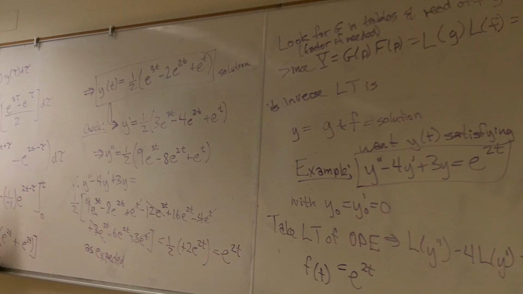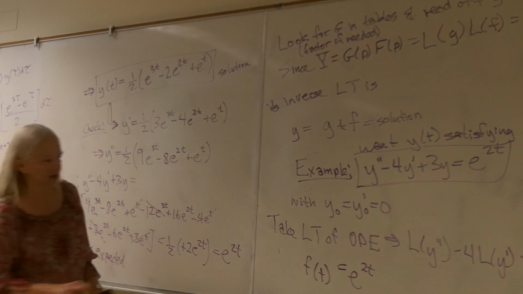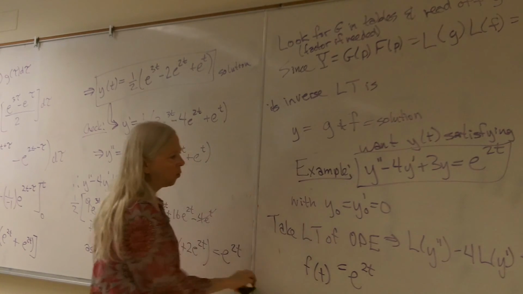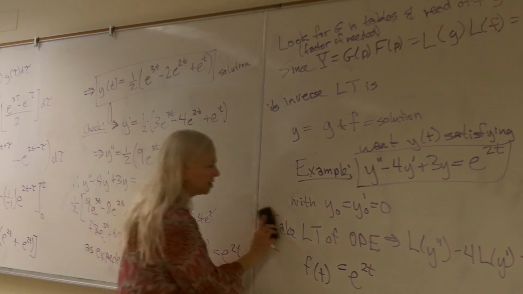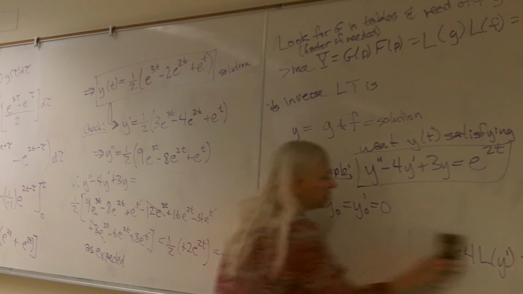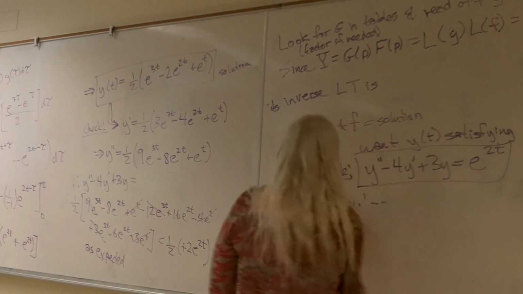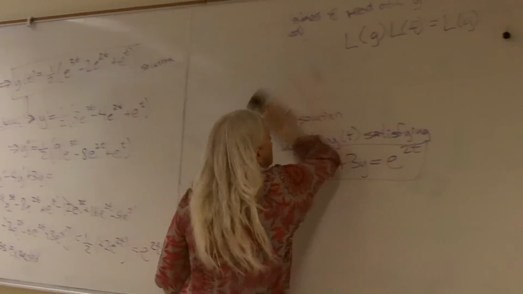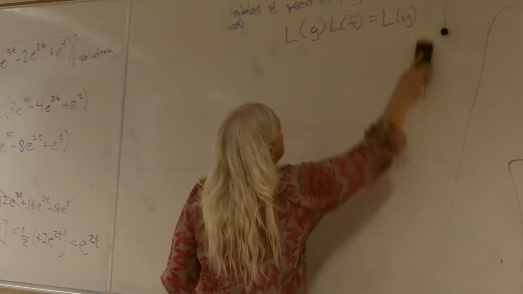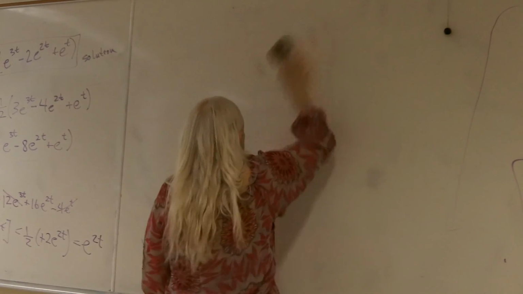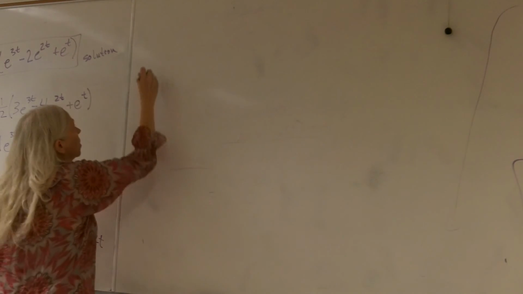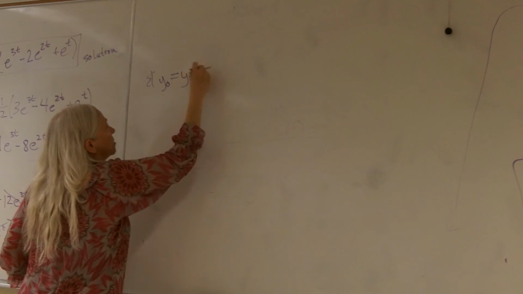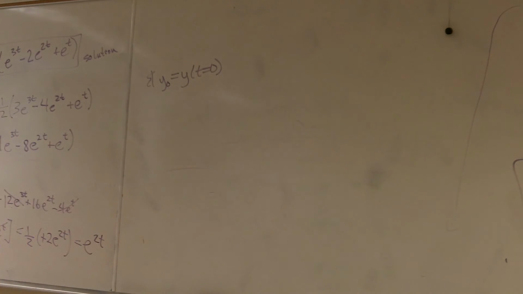And furthermore, we can also check our initial conditions, or our boundary conditions. According to the initial conditions, both y naught and y prime naught should be 0. Let's check that as well. Y naught means y evaluated at t equals 0.